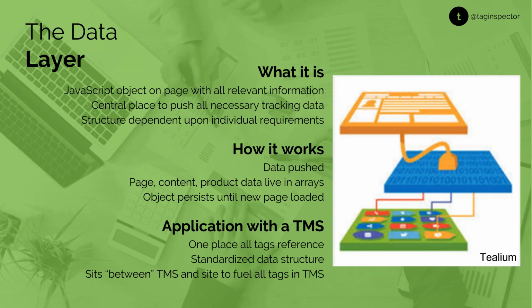Along those same lines, because you're referencing the same pieces of information, it's so much easier to test and monitor proper behavior moving forward. So if each tag is referencing something different on the page, an issue in one tag might not be the same as in another. So say you're collecting transaction information, and within your analytics platform, everything looks fine.